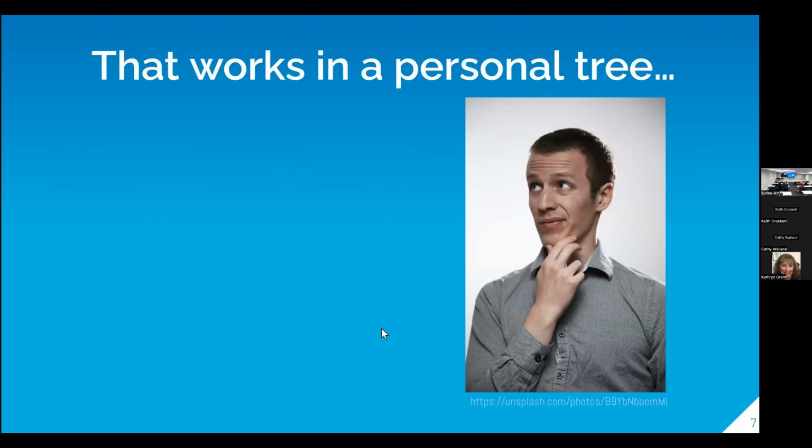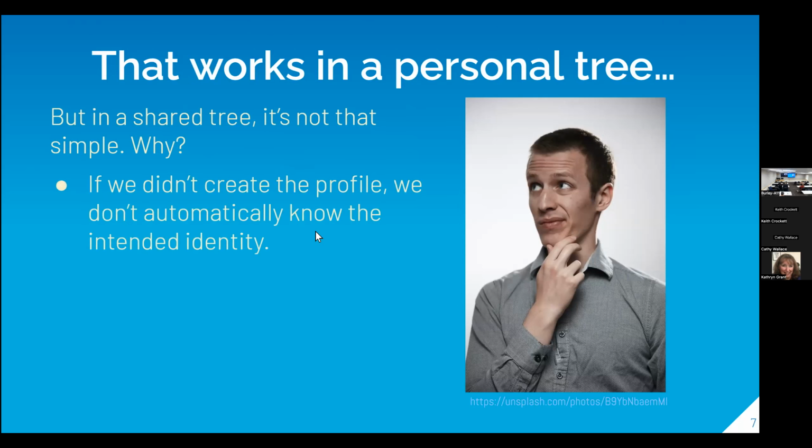Well, that works really well in a personal tree. So if you keep your tree on Ancestry or RootsMagic or Ancestral Quest or something like that, where it's not a shared tree, but it's just your personal private tree, you know who the people are that you created. But in a shared tree, such as Family Tree, it's actually not that simple for a couple of reasons.